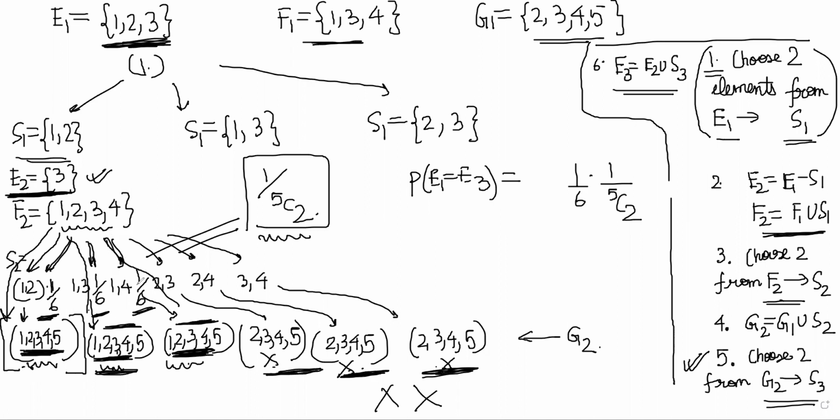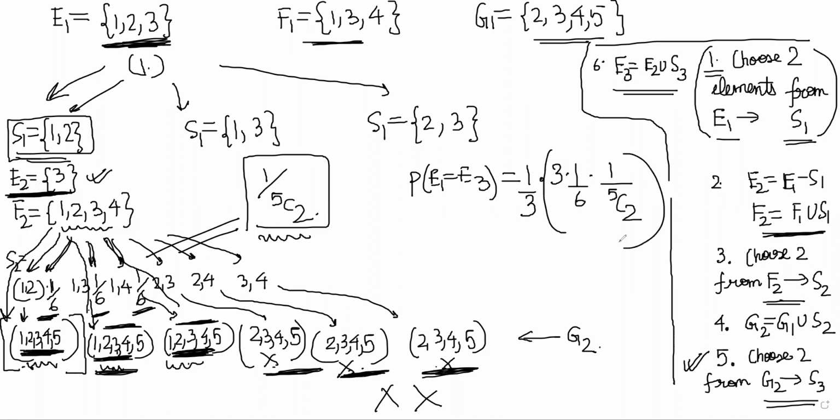It is 1 by 6 into 1 by 5C2 in these 3 paths. So it is 3 by 6 into 1 by 5C2 total probability, right? And what was the probability of choosing the path where we started off with S1 equal to 1, 2? That probability was obviously simply 1 by 3.